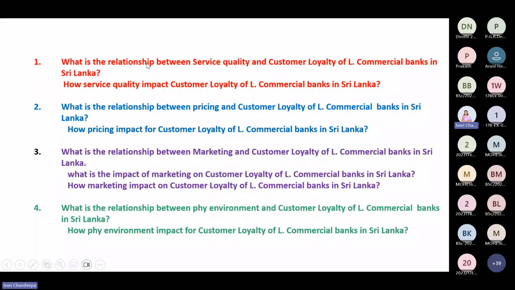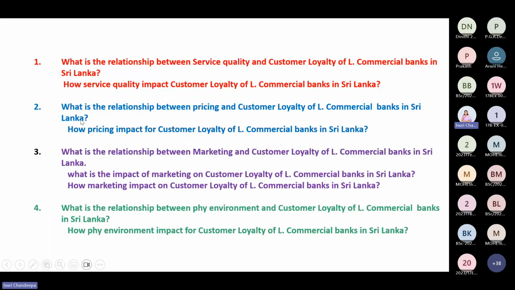Is it a relationship? Is it an impact? That is the second one. Third, placing the independent variable. Fourth, placing the dependent variable. And the fifth one is your area and sample. So these five components need to be very clearly placed in your research topics.